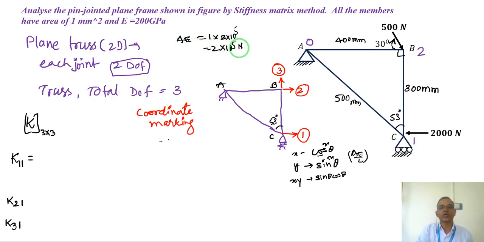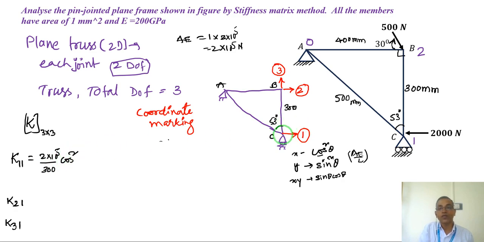That's what. Now AE by L. So 2 into 10 power of 5, AE by L of that member, which is 300 into 1. So same horizontal direction, cos square.